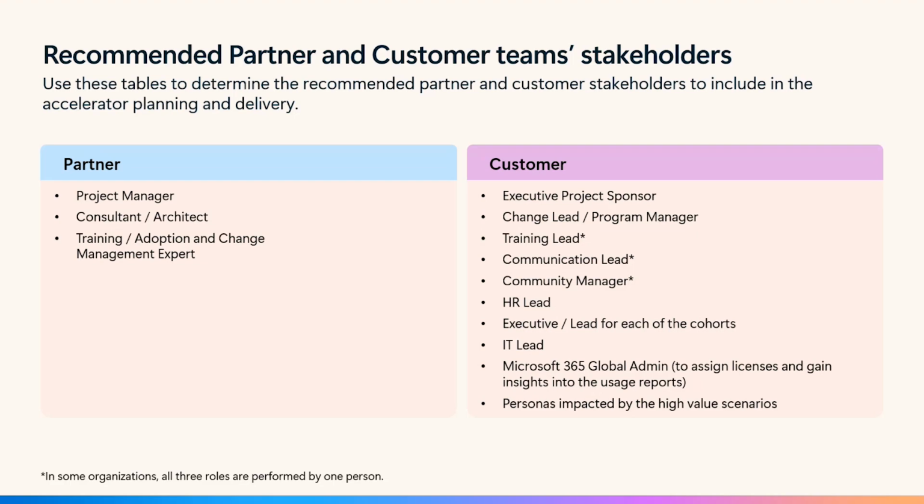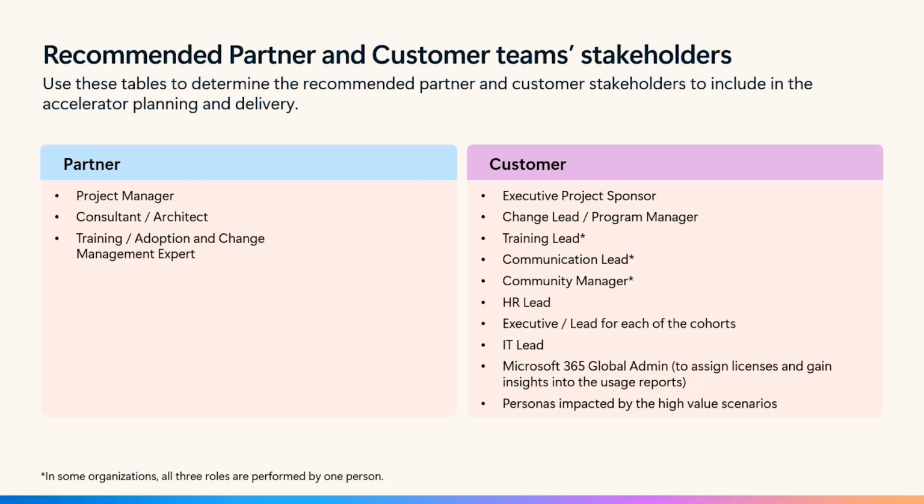For customer, like executive project sponsor, it's very important to have somebody to sponsor them. Program manager, training lead, communication lead, community manager, IT lead, person impacted by the high value scenarios. So many small ideas for customer.